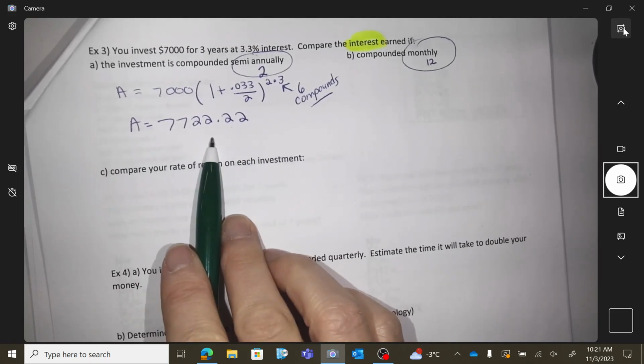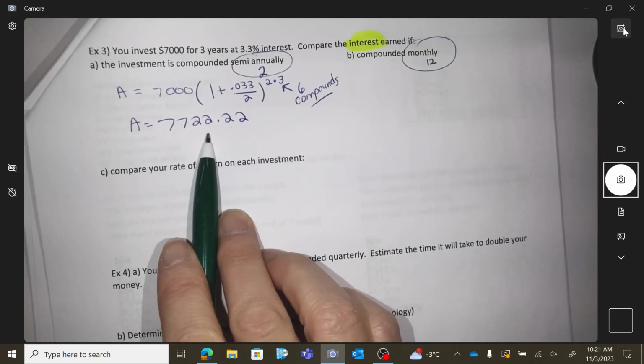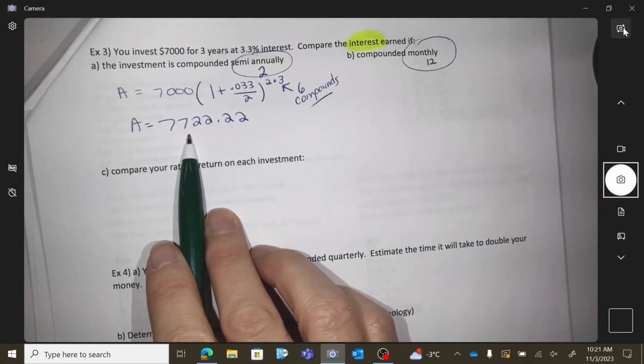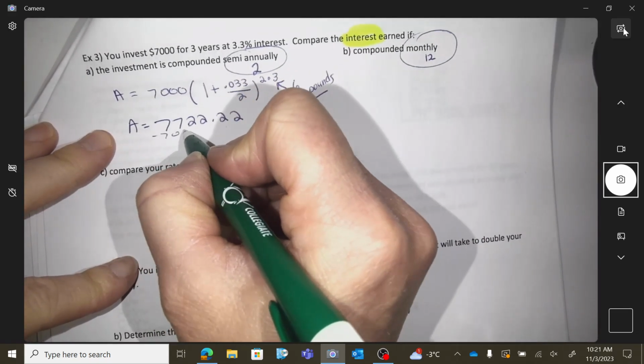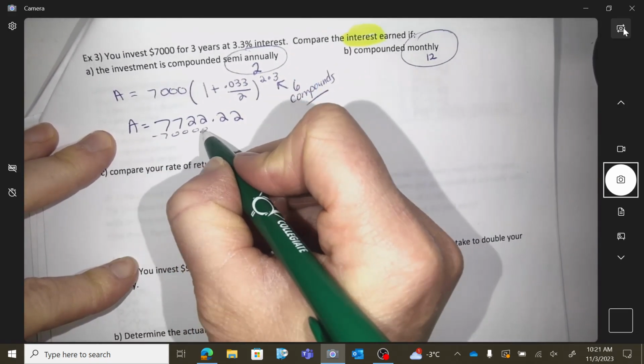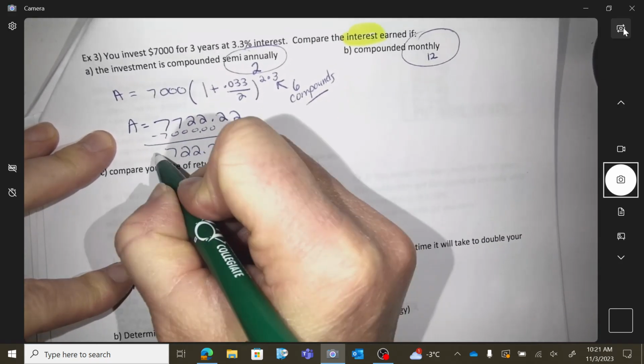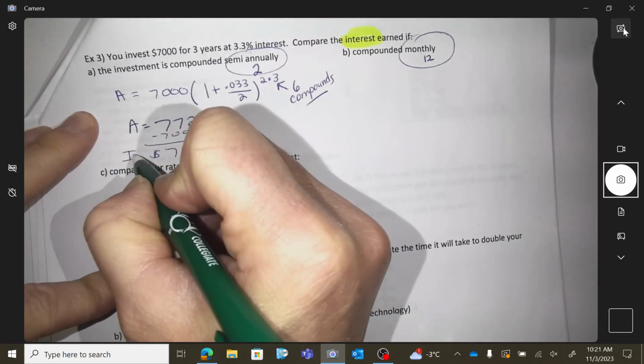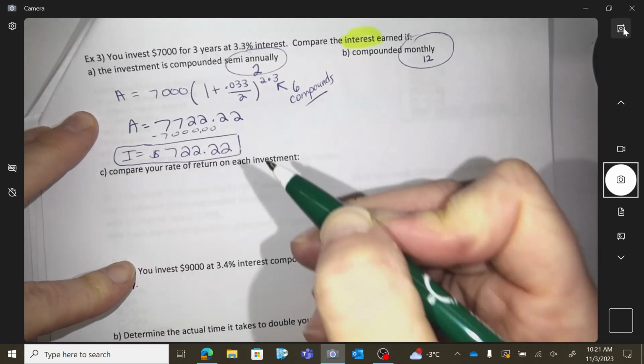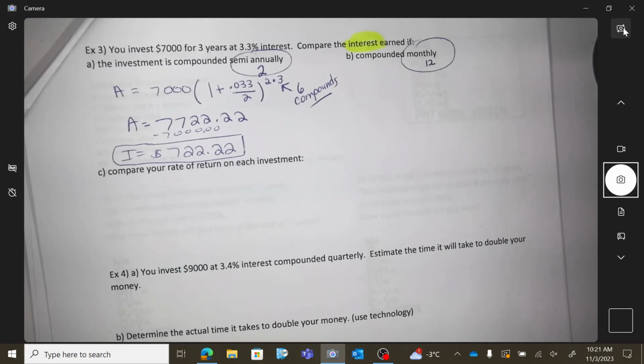Final. That's how much you have in your bank account today at the end. So how much money did you make from the bank? What are you going to do? Subtract your start. So that's the interest part of it, okay? Interest means what the bank put into your account, right?